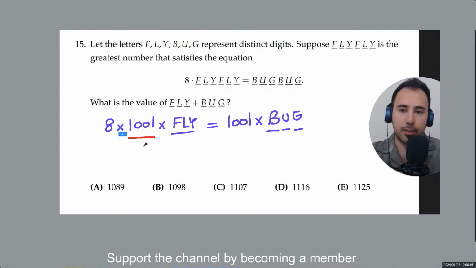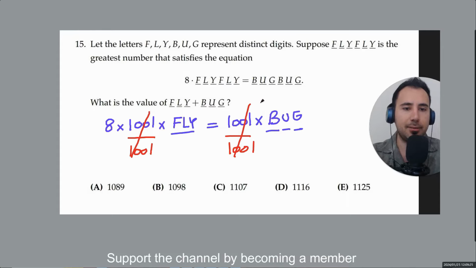So I could go on and divide. Now I can divide both sides by any number that I want, right? So 1001 divided by 1001, both cases are going to be 1. And 1 times BUG here is going to be BUG.